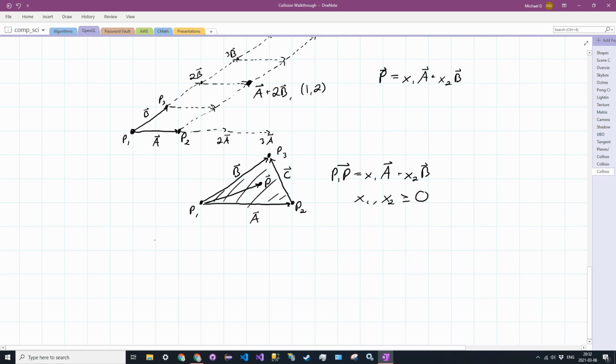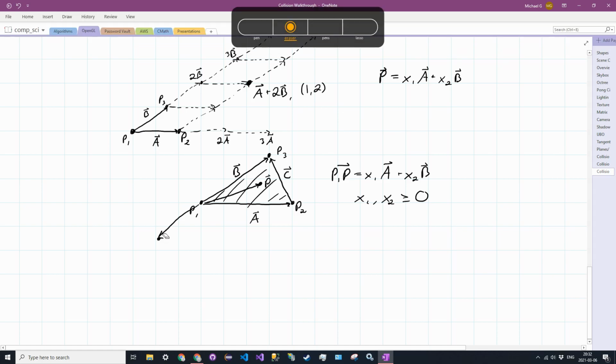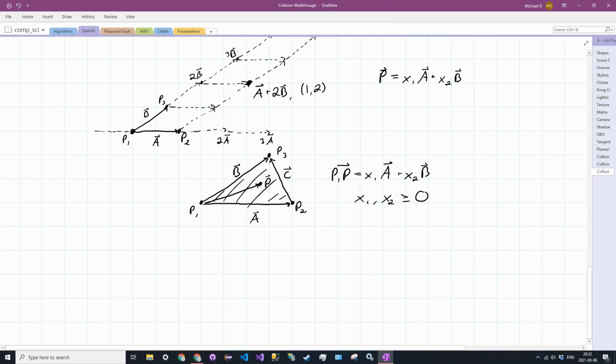because if we had a point down here, like this, that would be some negative value of a. This coordinate system also extends this way. This is negative a, and this here is negative b. So they extend beyond, just like the Cartesian system.